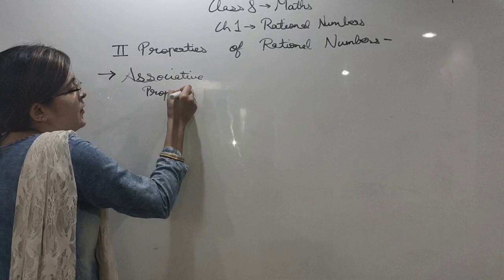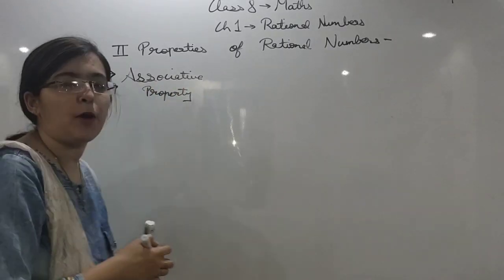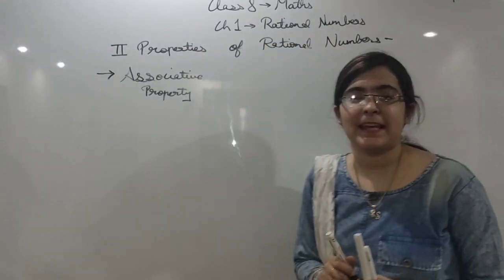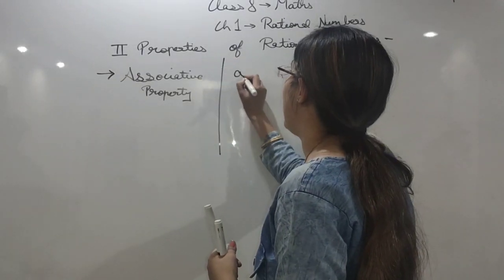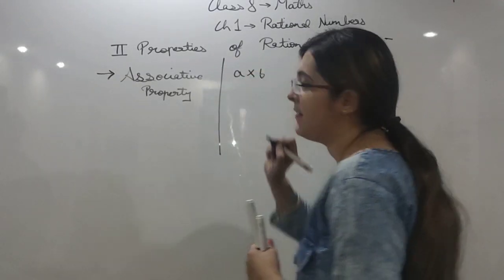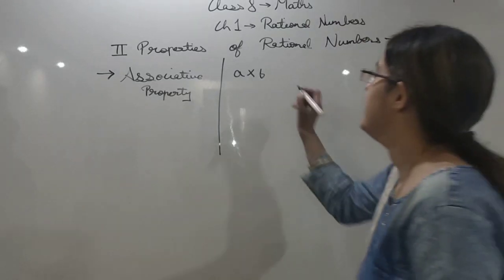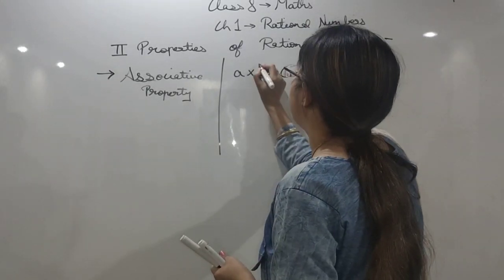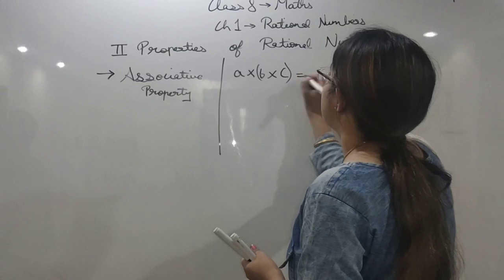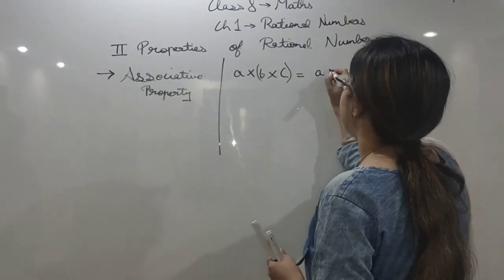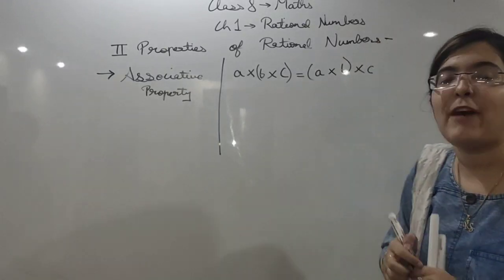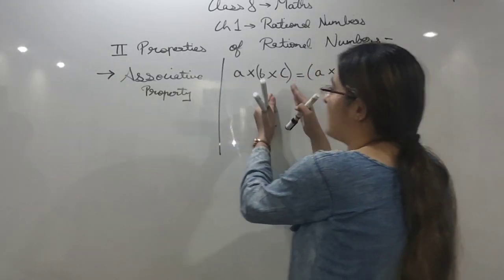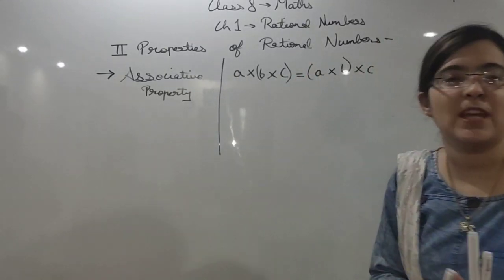What does it tell us? That if I write A into B into C, it will be the same as A into B into C. That means if I am shifting the brackets, the answer won't change.